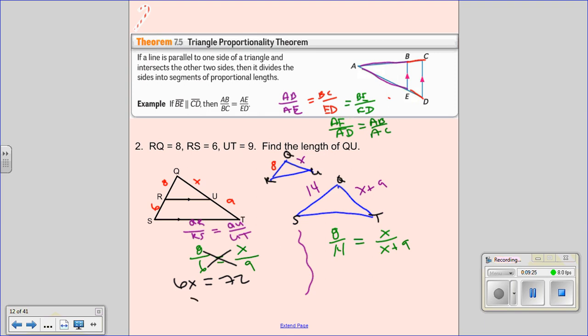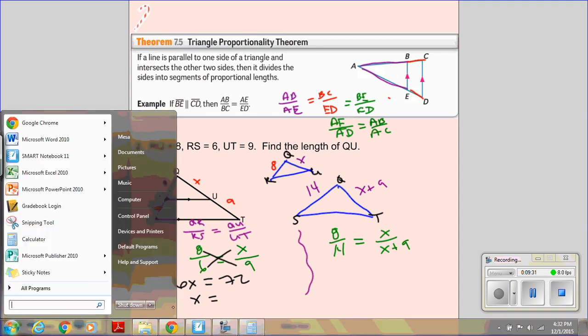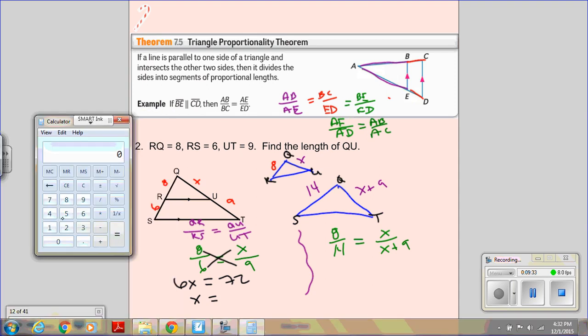Divide both sides by 6, and X is 12. Thought so.